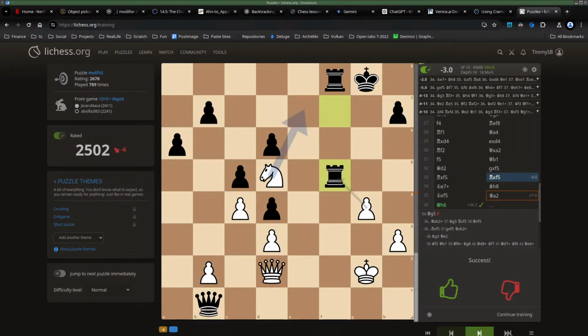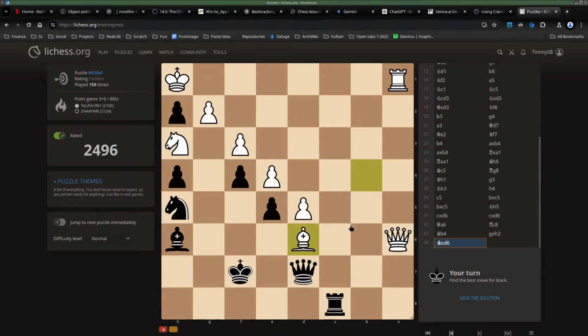I think this is not clear at all. It's not finished after the moves.